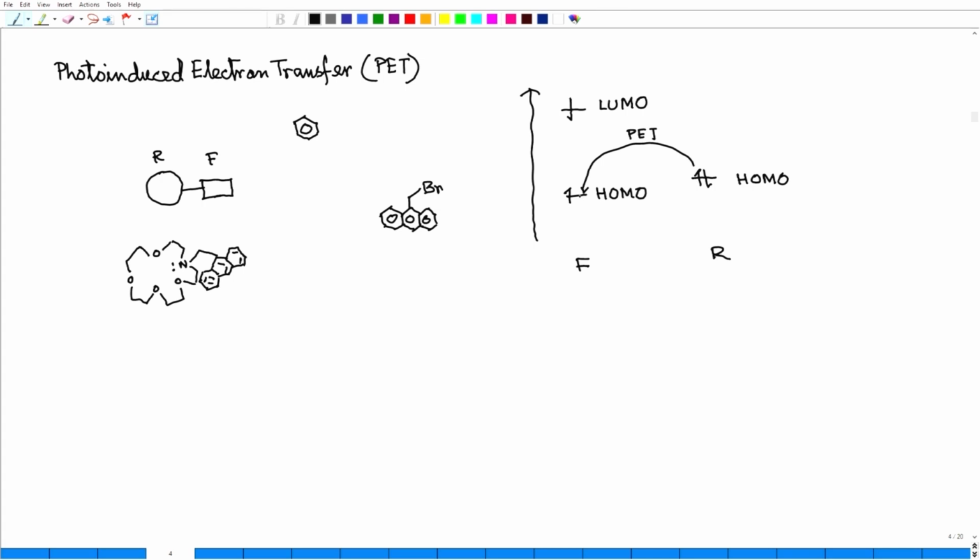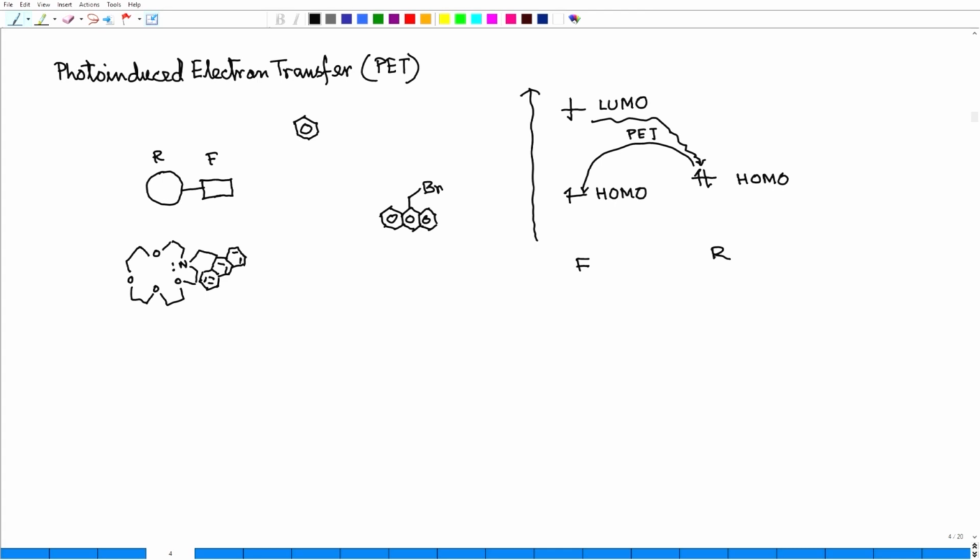And the electron at the LUMO of the fluorophore can slowly come back, giving off energy in the form of heat, to here. Then we are back to square one, the beginning. So, that is what happened.